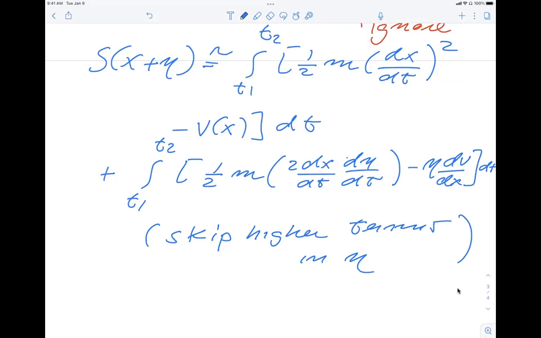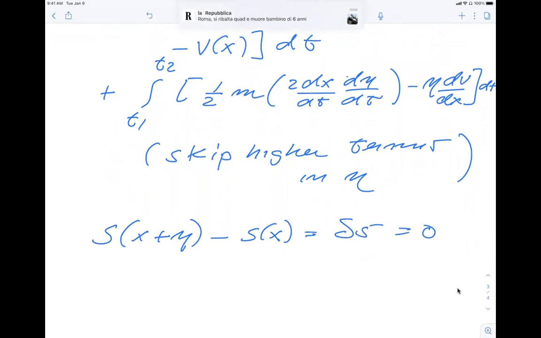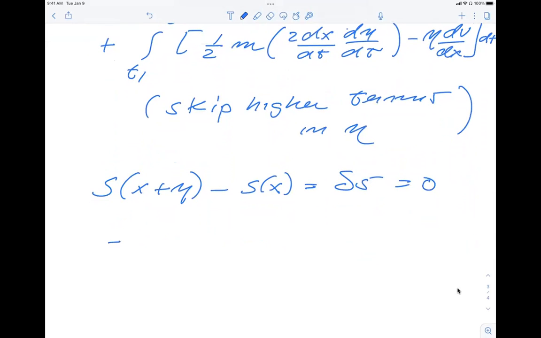Then, when we now take the difference between this term S of x plus eta minus S of x, we want to drive this to 0. So this is a quantity we now want to optimize. And if we take the difference here, what we end up with is just an integral from T1 to T2.